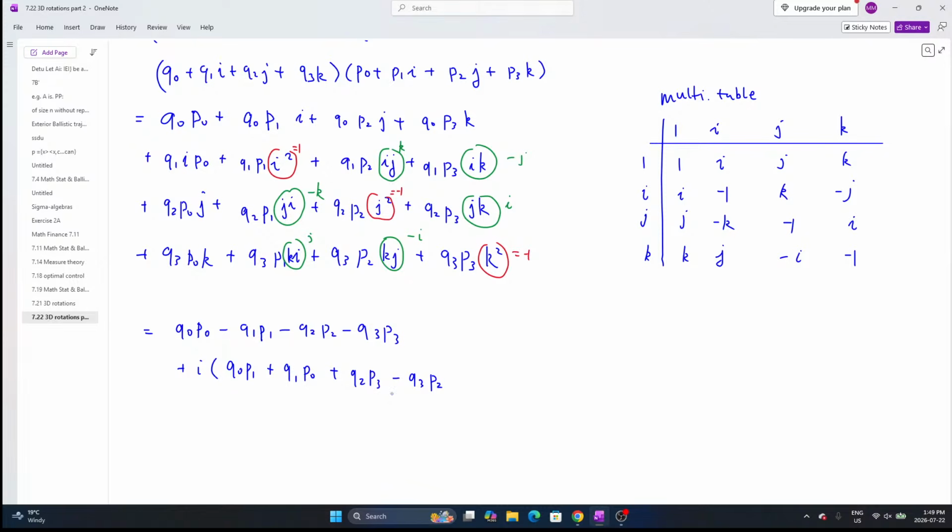Is that right? Yeah, looks okay. And then plus, you know what? We'll do the algebra ourselves and then check against the paper.